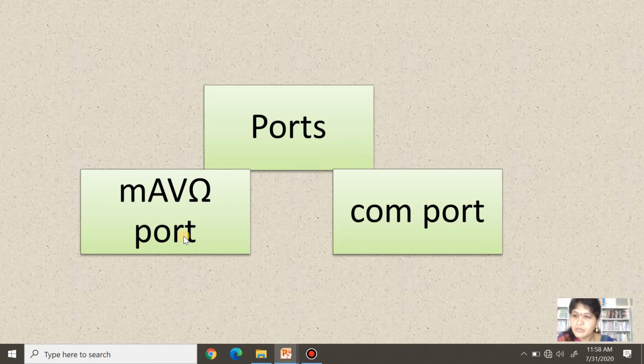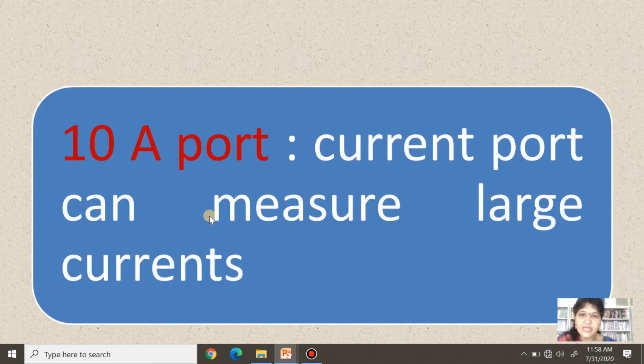The red probe is used for the positive and the black probe is the common probe. The black probe is connected to the common port and the red probe is connected to the milliampere volt ohm port. In this multimeter you can also measure amperes. To measure amperes, we have the 10 ampere port.